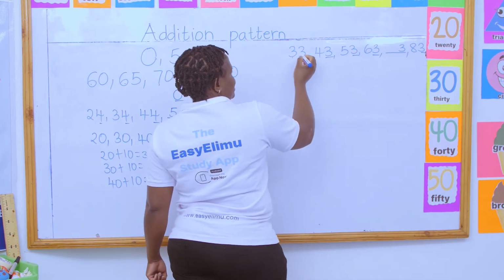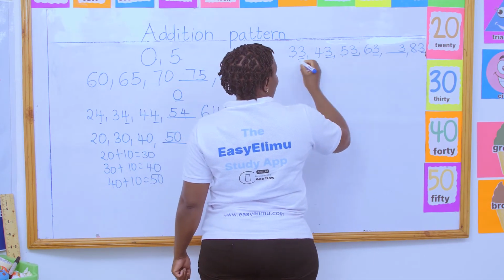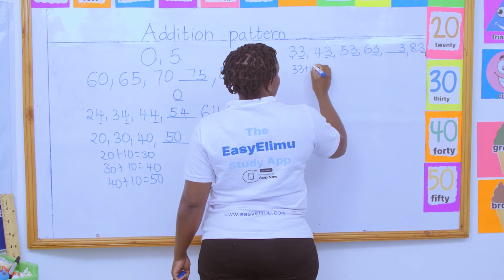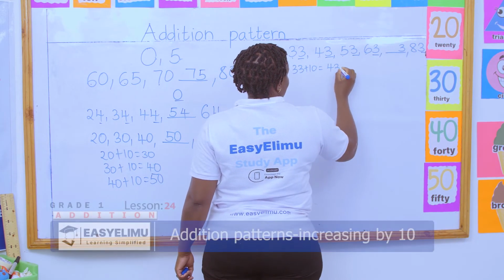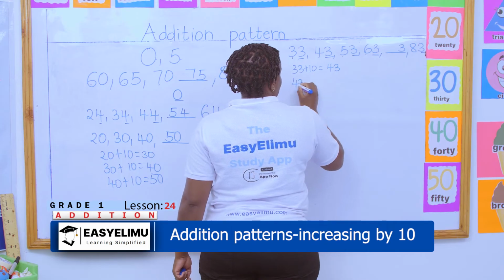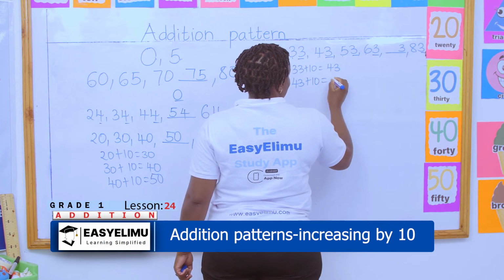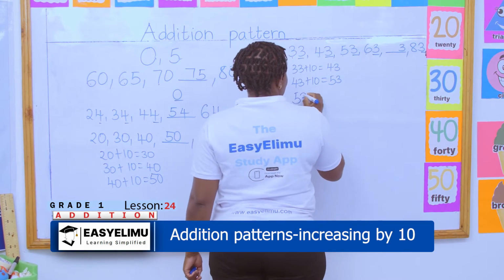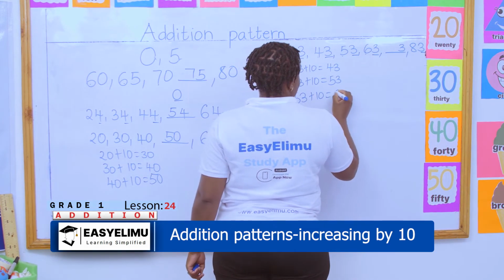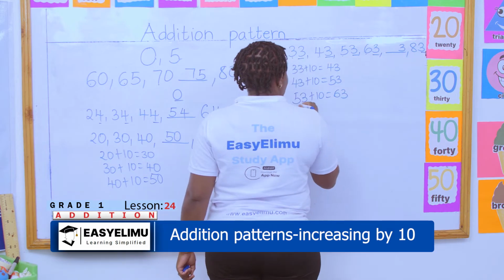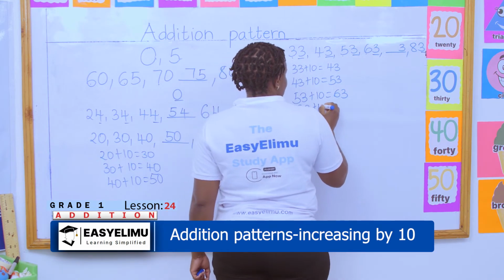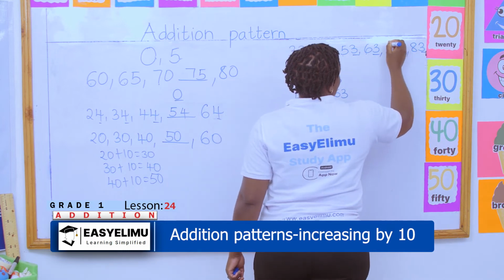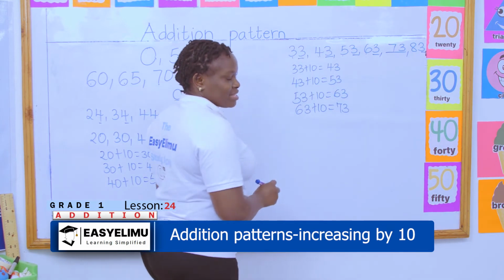And now you increase the first number by 1. So 33 plus 10 will give me 43. 43 plus 10 will give me 53. 53 plus 10 gives me 63. Now 63 plus 10 gives you 73. So our missing number is 73.